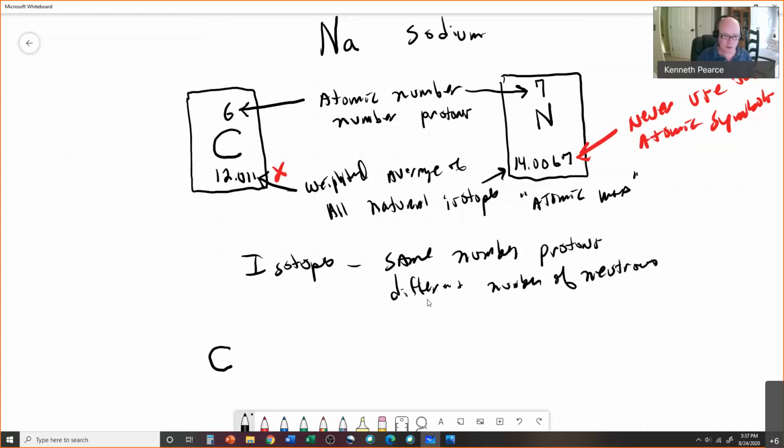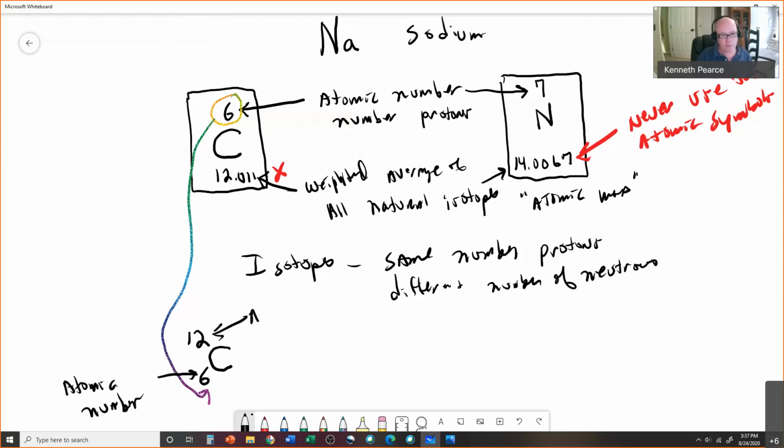Now that 6 that's up there, when you're writing the symbol, it actually goes low. All right, the small number goes on the bottom. This is the atomic number. Now there's a number up top, and that's called the atomic mass number, and it represents protons plus neutrons.